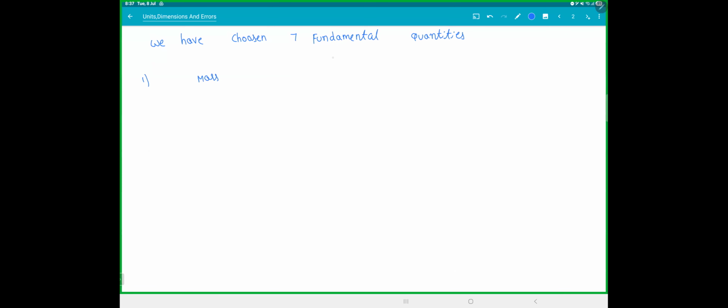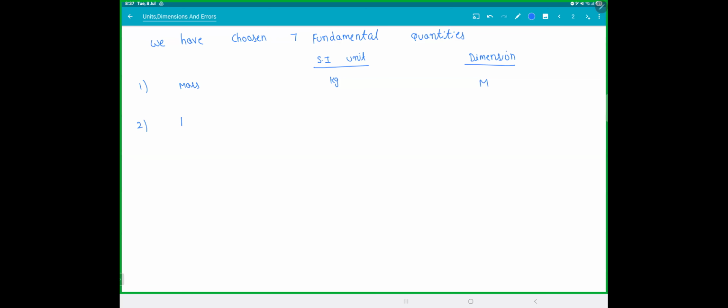The SI unit for this is kg. So whenever you study about mass, we always take the units to be kg, not grams, not tons or anything. We always take it in kgs. And what are the dimensions for this? Dimension is M. If you write M, it is understood you're talking about mass. It's like a short form for this.